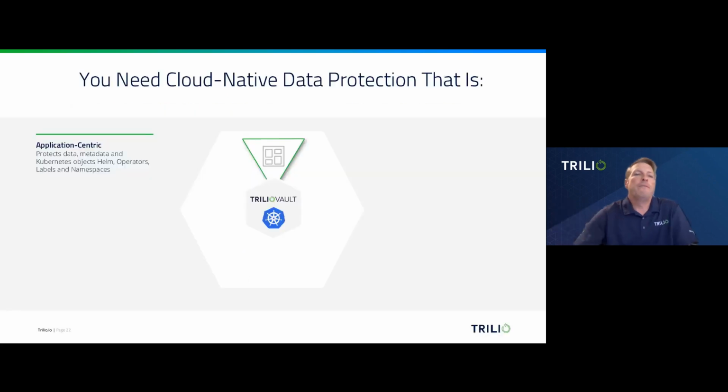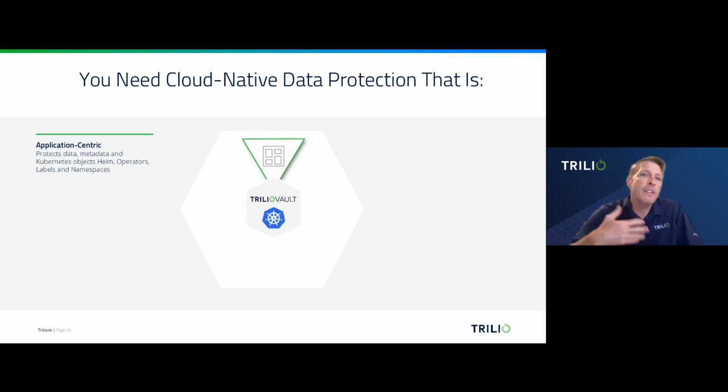So these are 6 aspects of the TrilioVault for Kubernetes solution. We are application centric. Kubernetes is a different architecture than the traditional VMware-based or bare metal application landscape. Kubernetes is a very dynamic environment where applications are spread across multiple worker nodes.